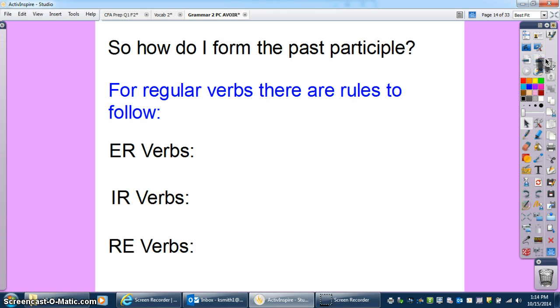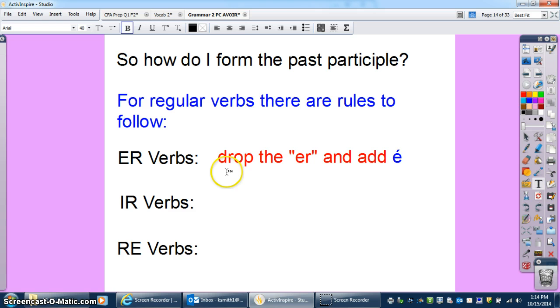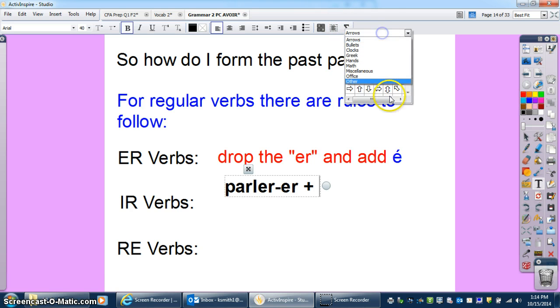Now you have to learn how to actually form the past participle. So there are rules to follow for regular verbs. So for ER verbs, you're going to drop the ER and add an E. So for example, if we start out with parler, we would minus the ER and plus E with an accent aigu.